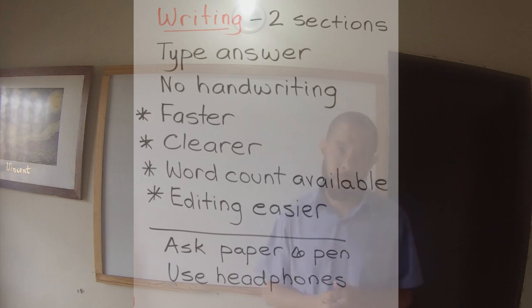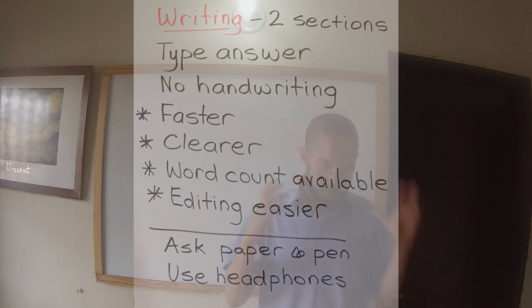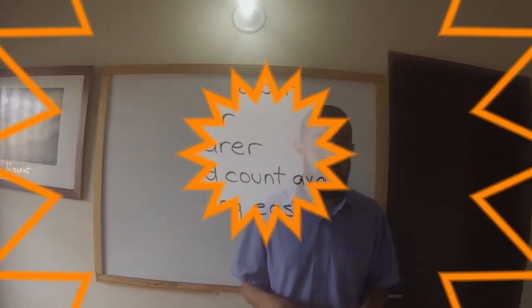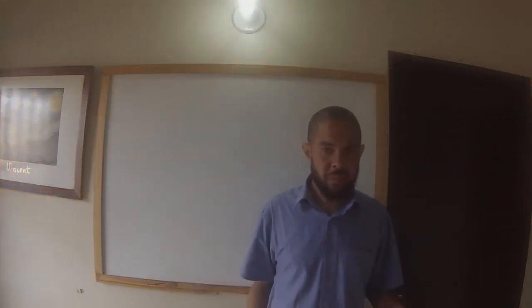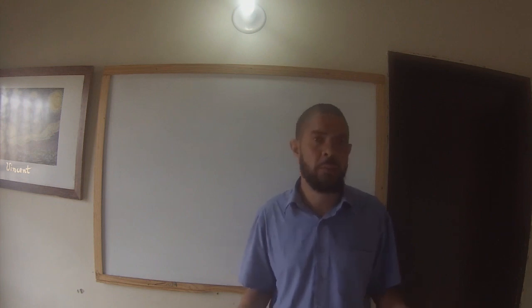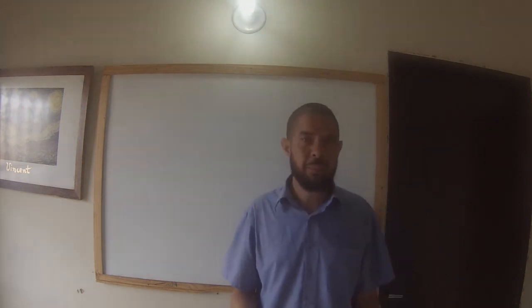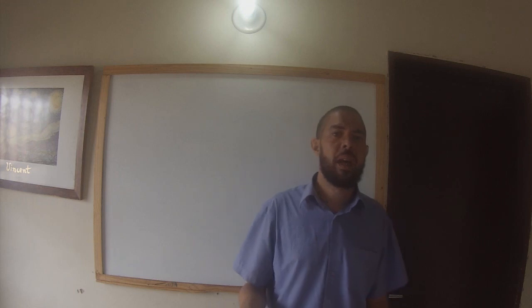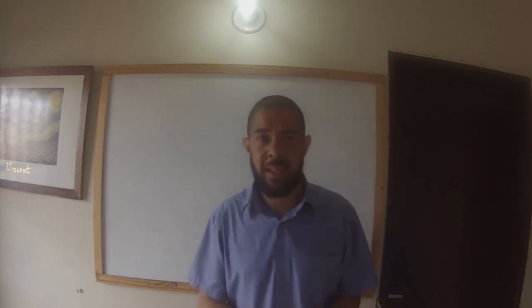It's not common, but it's possible before taking the writing section, right? And you can use your headphones, because sometimes you can be a little bit distracted with many clack sounds, and it can be stressful and annoying for you. So this is basically what I have to say about the IELTS test.